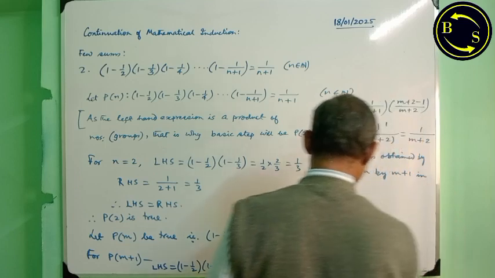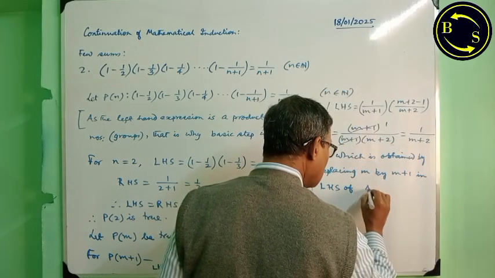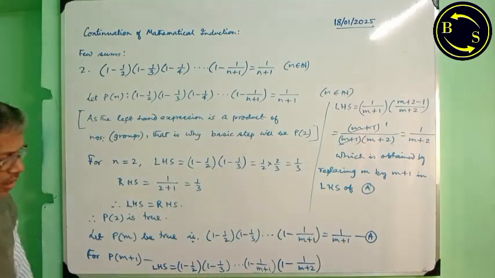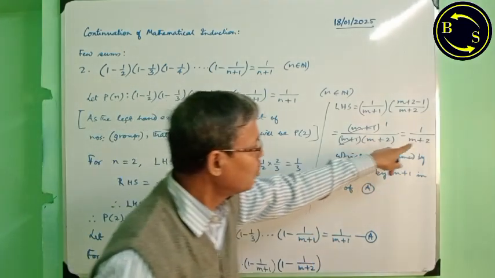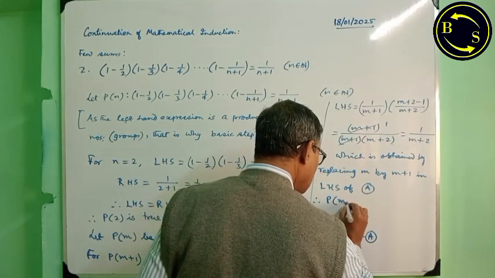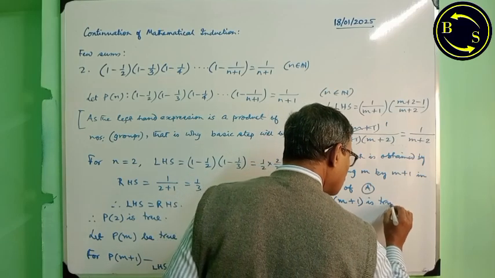In LHS, I have taken this relation as A. Now if I replace m by m plus 1, we shall get this one. Therefore, comment is Pm plus 1 is true.